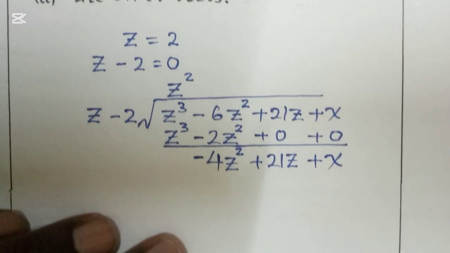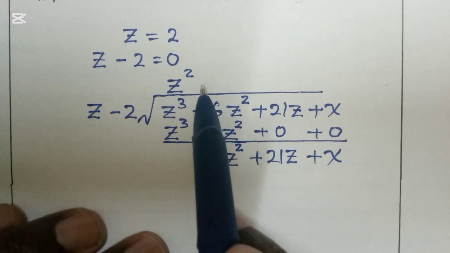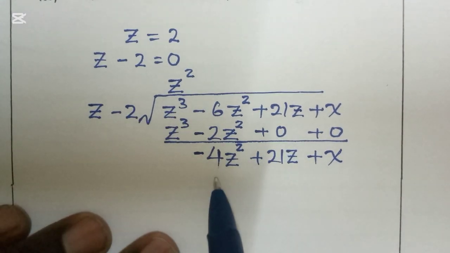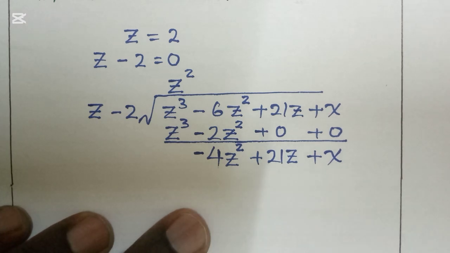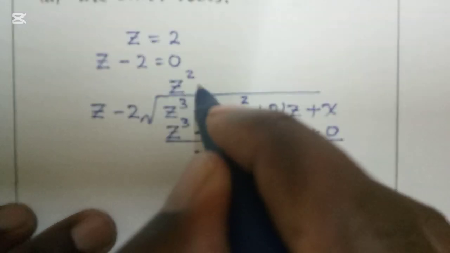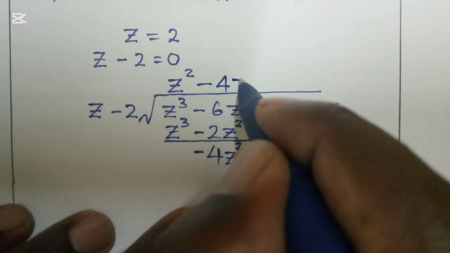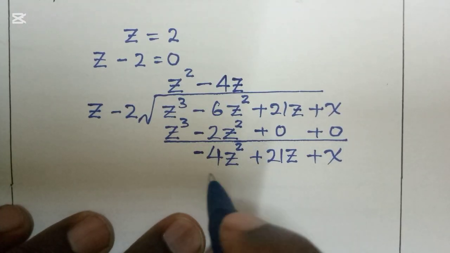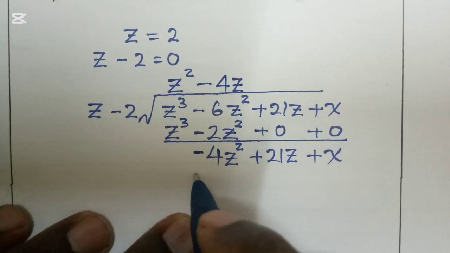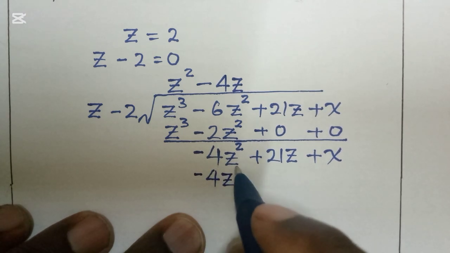So guys, we continue. We look for another number that if I multiply by z, I'll get exactly negative 4z squared. That number is going to be minus 4z, like that. So I put my minus 4z here, giving minus 4z squared.